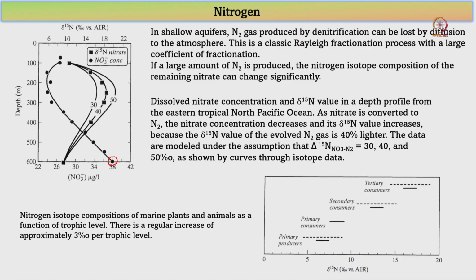So, the nitrate composition in the water column, and correspondingly its delta 15N values. So, in shallow aquifers, nitrogen gas produced by the denitrification is lost by diffusion to the atmosphere, and this is a continuous process just like the classic Rayleigh fractionation process.